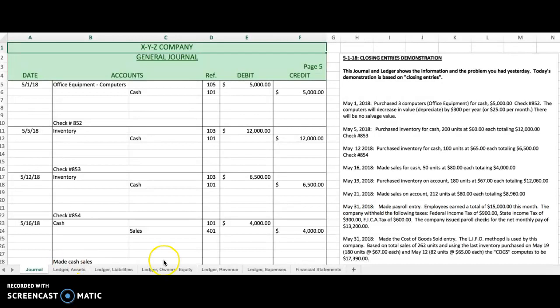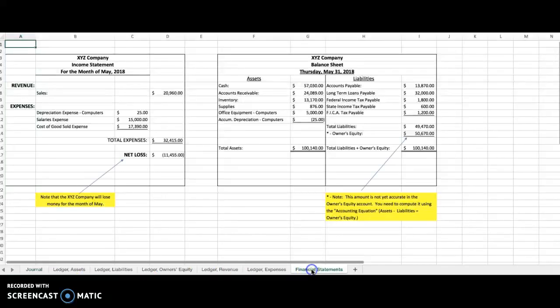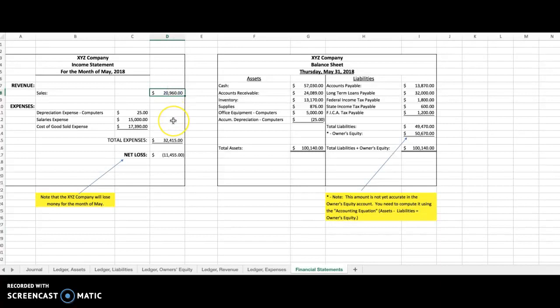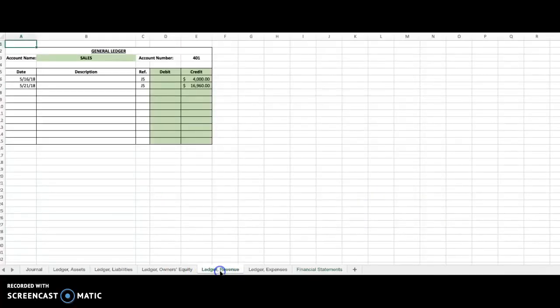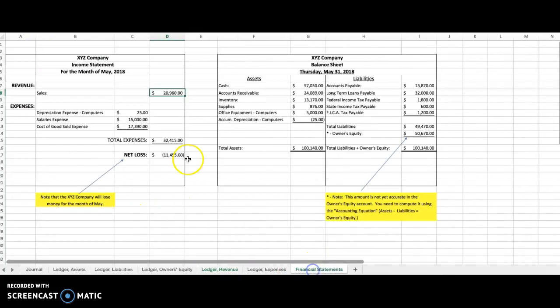What you had to do was to take account balances and put them on these financial statements. So you went to the sales account, found that in sales there were 2 credits adding up to $20,960, and you put that amount of money into your income statement.